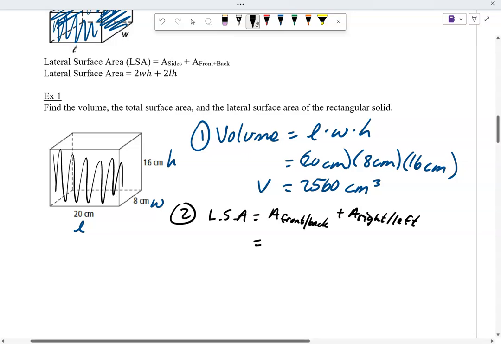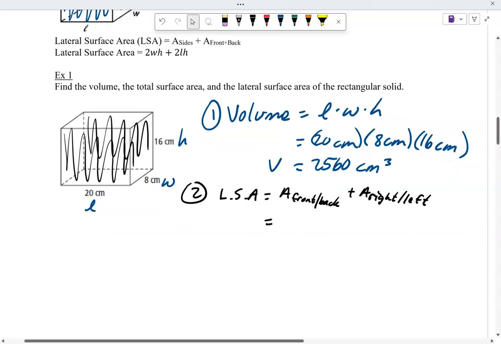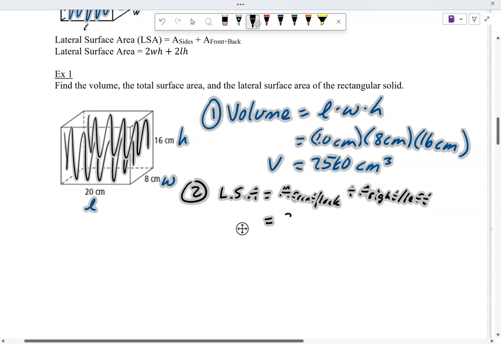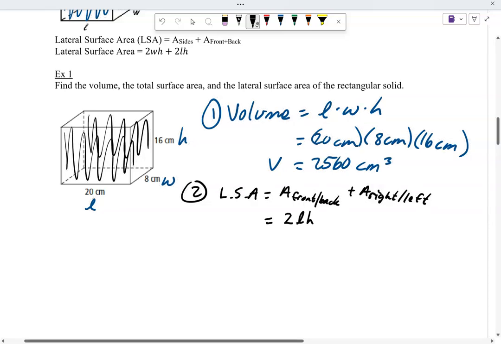So it's there in black right there. There are two of those length times heights, so that would be 2 times 20 times 16, because I've got the front one and the back one.